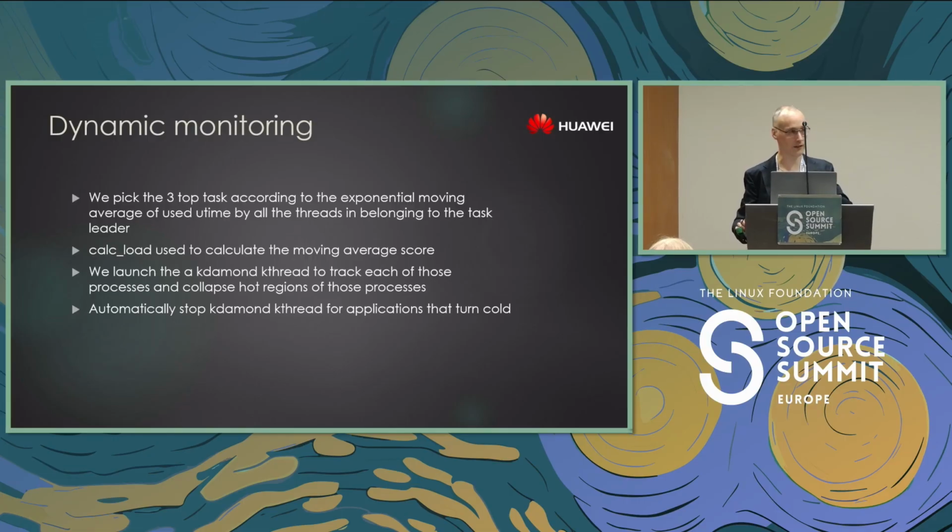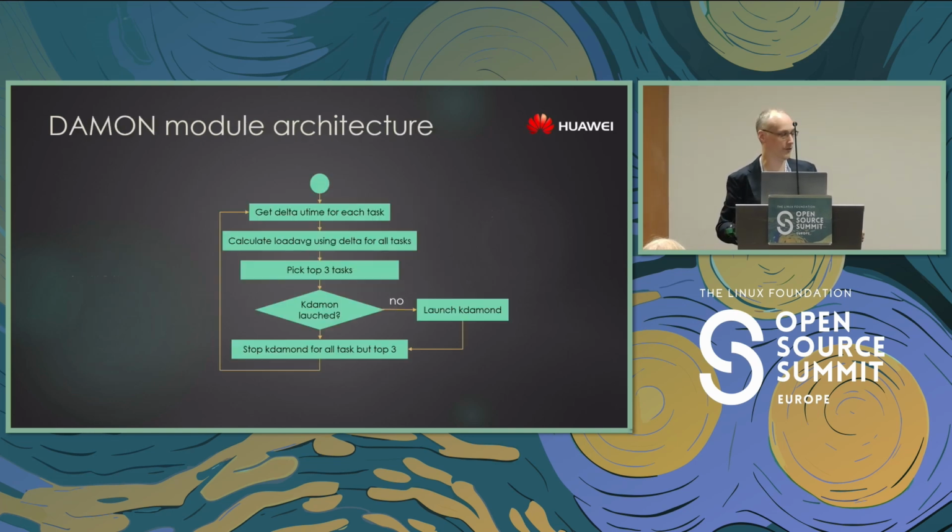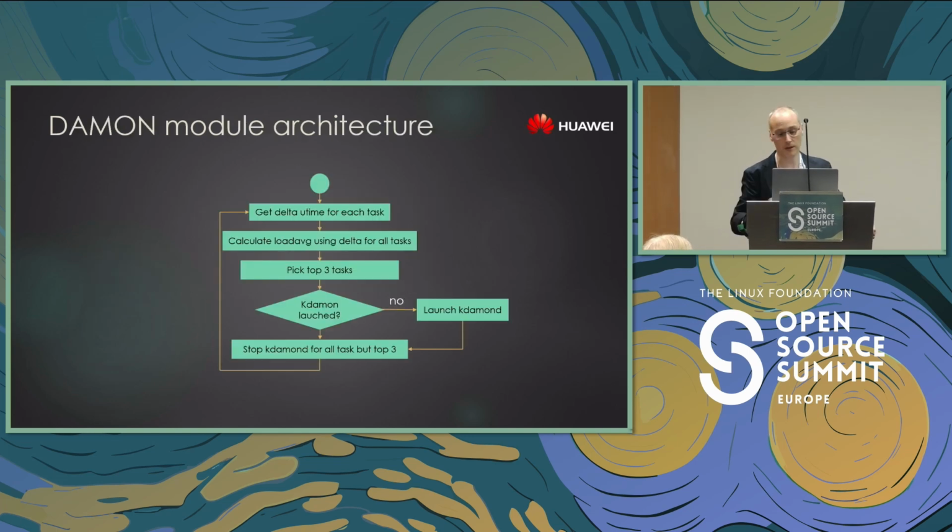And we picked the 3 most used tasks, and we run a daemon thread for each one of them. For the ones that turn cold, so before they were really hot and now they turn cold, we just stop this daemon thread. So this is pretty much the same as I just said. We get the delta.